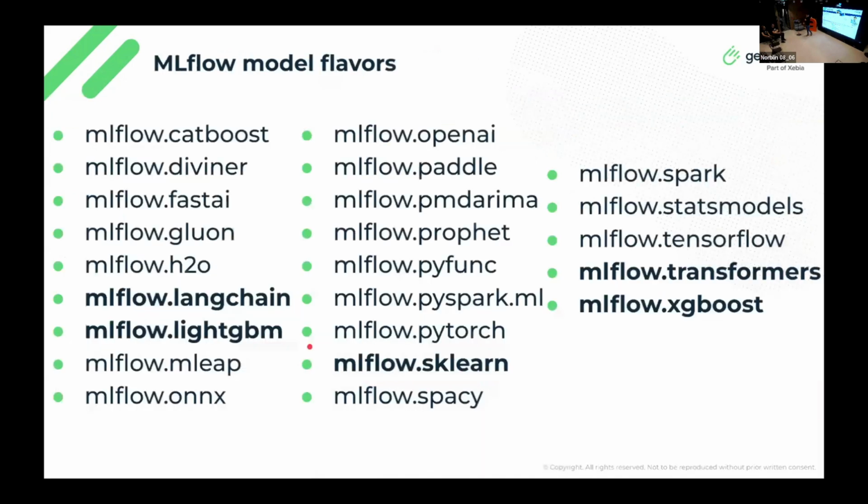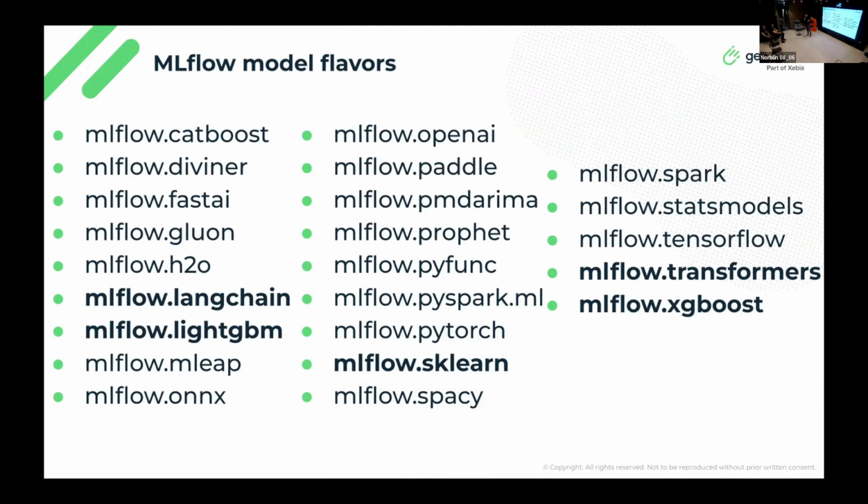And flavors is actually the name that MLflow uses to describe their integration with some machine learning frameworks. As you can see, most of the popular machine learning frameworks that you can use to train your models are supported natively by MLflow, like XGBoost, PyTorch, scikit-learn, and so on. Recently also LangChain. And if one of the libraries is listed in here, that means that MLflow has native integration with this library.